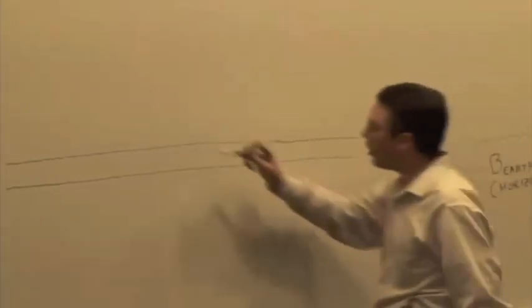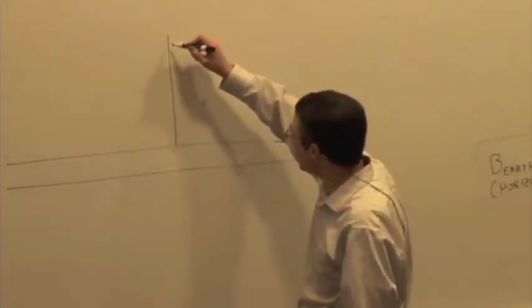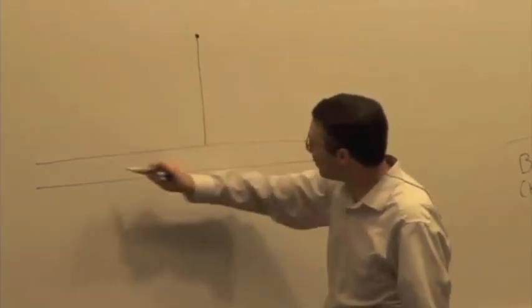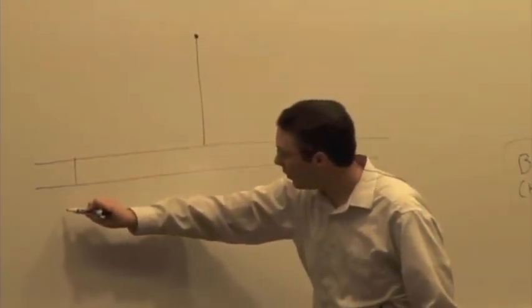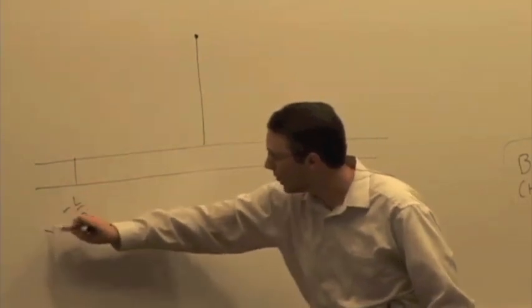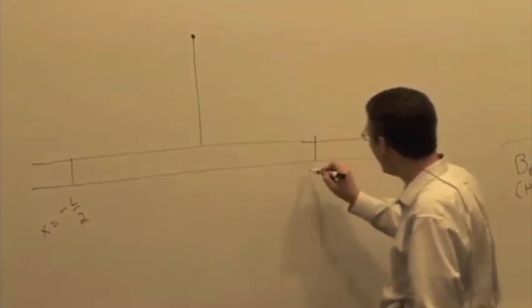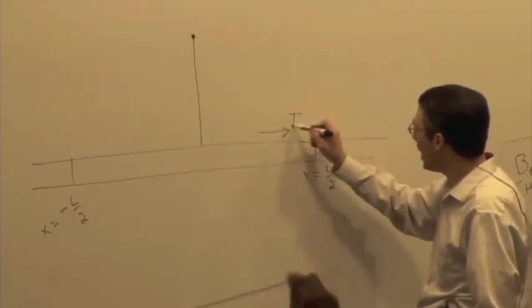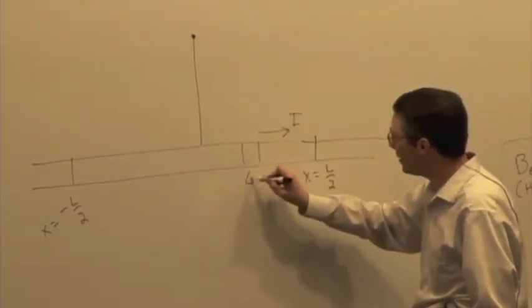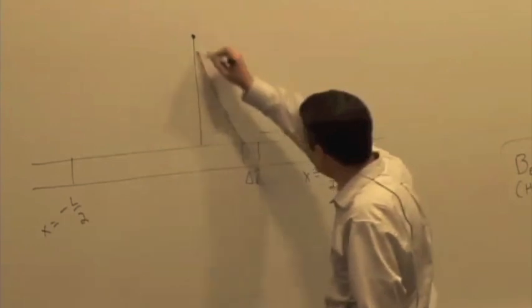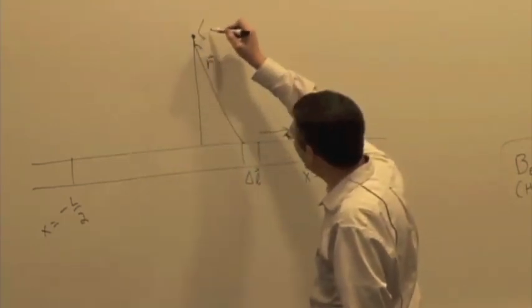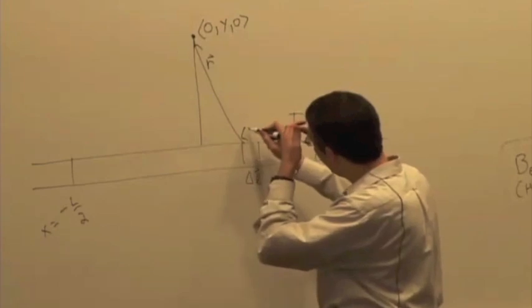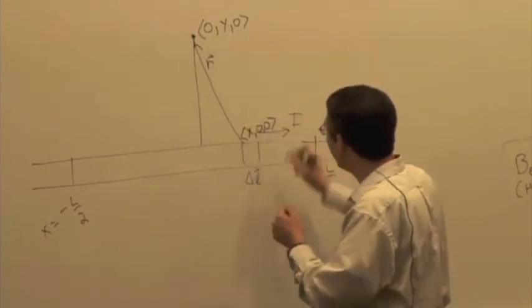You could work it out analytically and calculate using an integral what the result would be for the magnetic field of a wire that has a length L. So we're running from x equal negative L over 2 to x equal positive L over 2. Conventional current I. Here's a little length delta L, and that's R, and this is some location 0, Y, 0, and this is location X, 0, 0, okay?